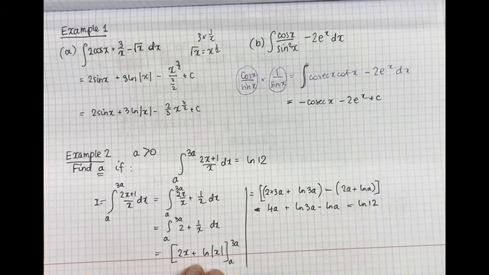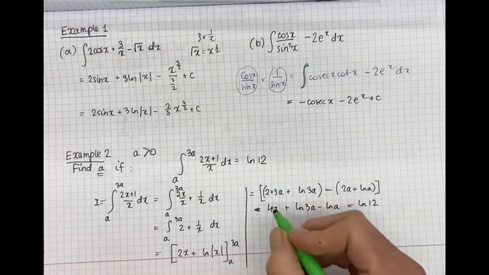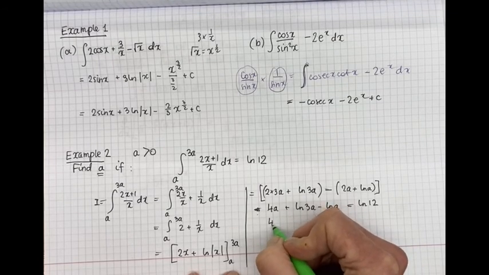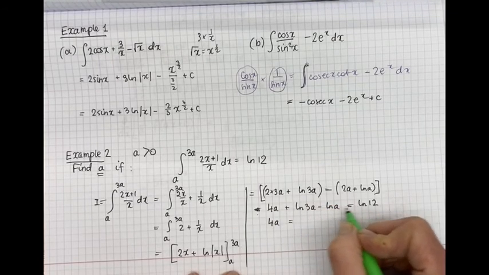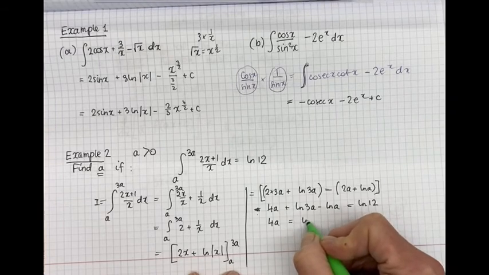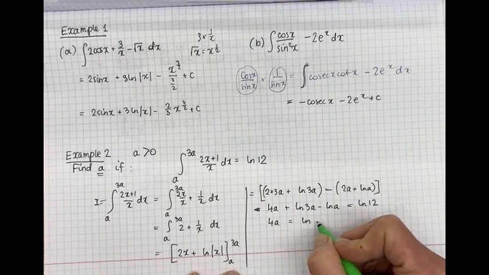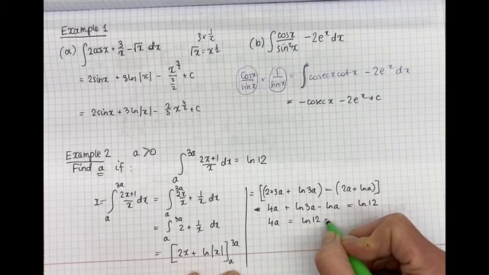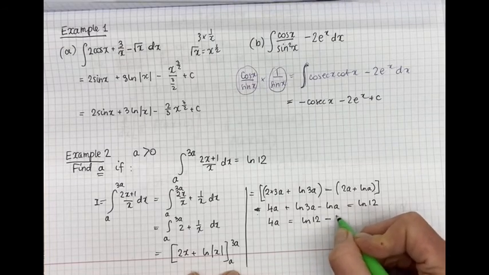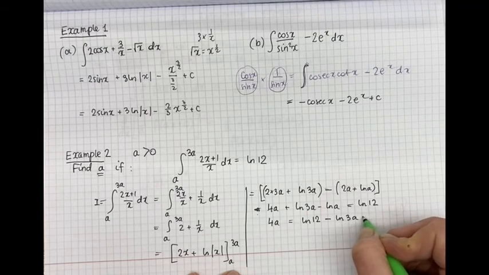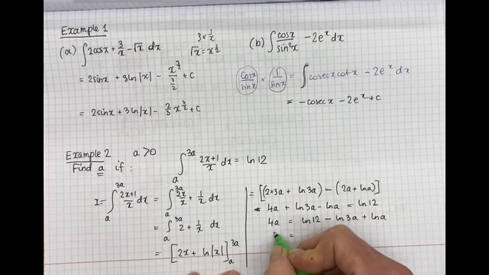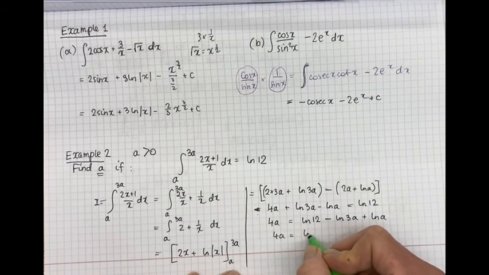So we're going to try and find what a is. So it's 4a. Let's put all ln's on one side and we combine them. So it's ln 12. Combining these, we are going to obtain ln.